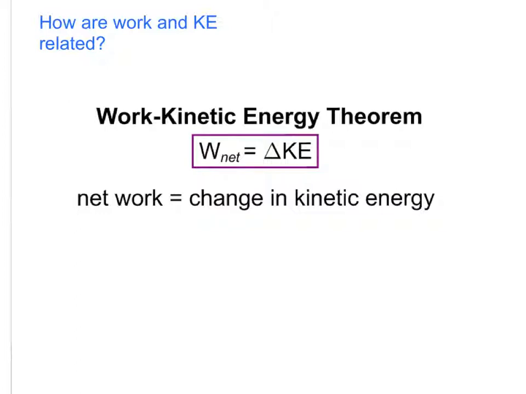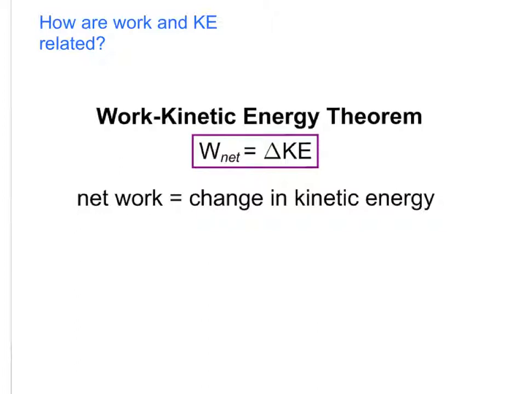This theorem also allows us to think of kinetic energy as the work that an object does as it comes to rest. It can also allow us to think about the amount of energy stored in the object. For example, if we think about a hammer striking a nail, the hammer has kinetic energy, and therefore it can do work on the nail.